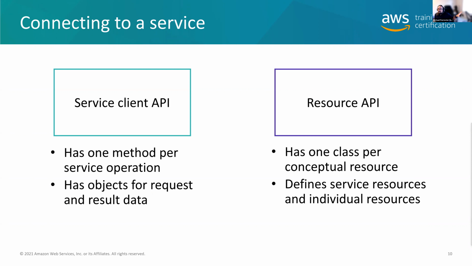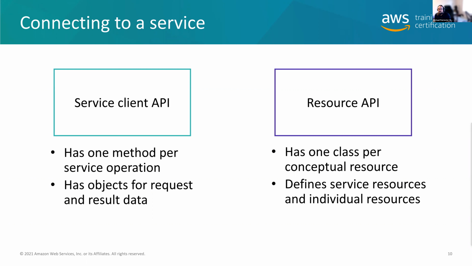The client objects, let's say, for example, DynamoDB, have a method for each operation that the service is going to support. So you're going to have a method call that you can make for each operation that the service supports. There are also other objects that can represent request parameters and response data, because you're going to make a request with some associated parameters and you're going to get a response, right?